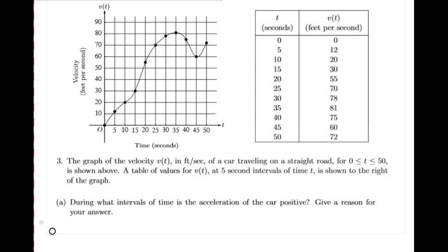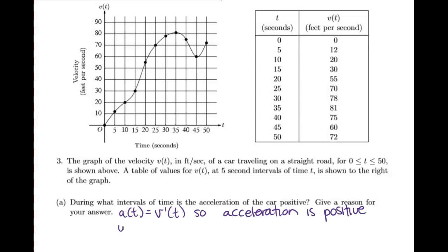Well, essentially, A of t is v prime of t, so acceleration is positive when the derivative of velocity is positive, or when v of t is increasing.